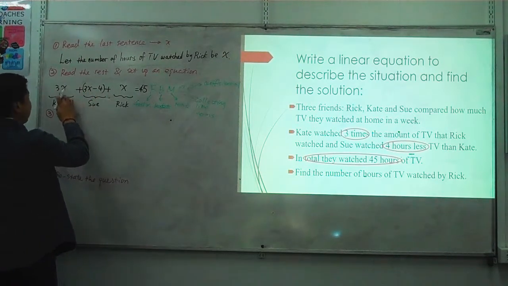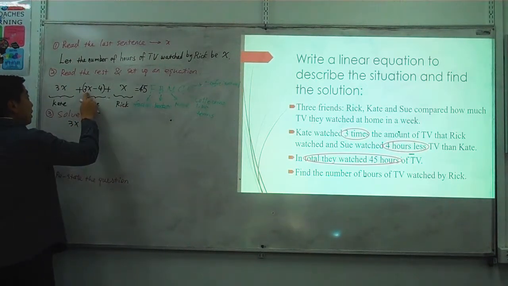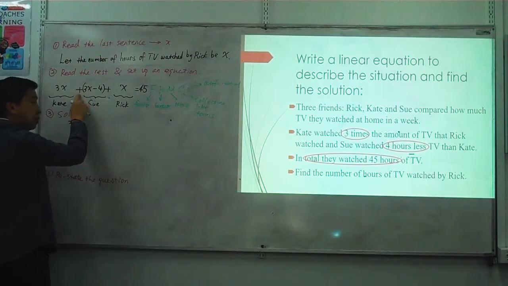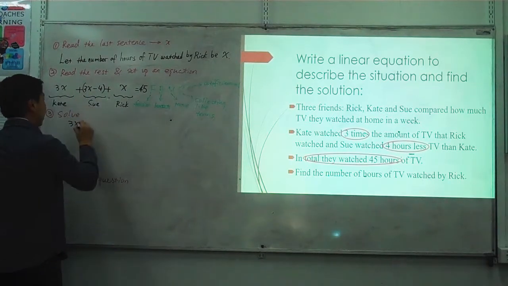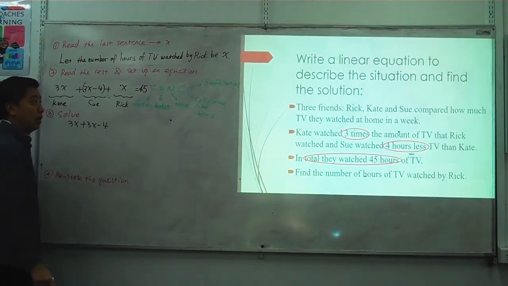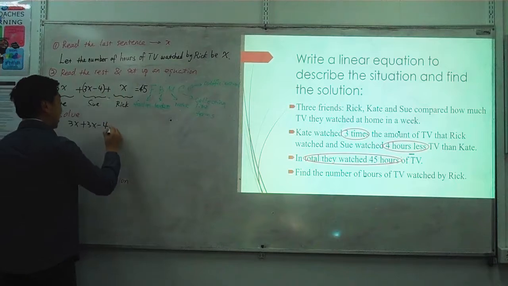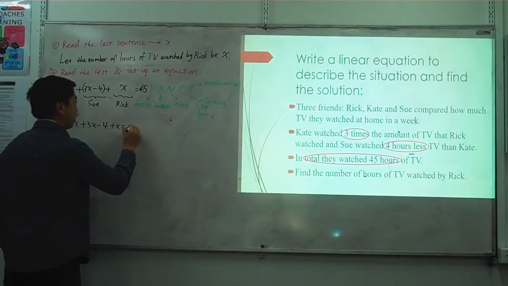For this equation, we say 3x, we do not move. I still write that down. Take off the bracket. It's a positive sign in the front. We do not do anything for the bracket. So we just copy down whatever it is. Okay? I need to remind everyone here, if you have the negative sign, you need to change all sign inside. Okay? Right, let's continue. Plus x equals 45.